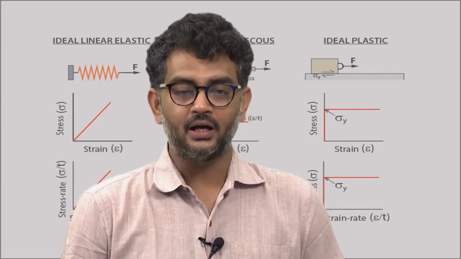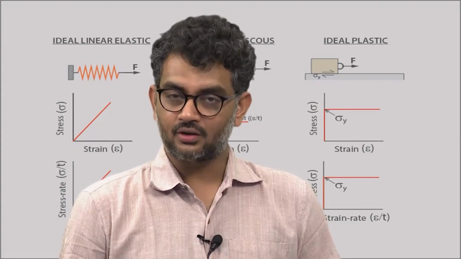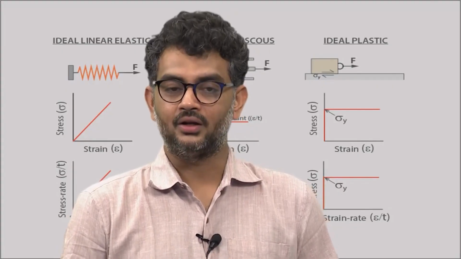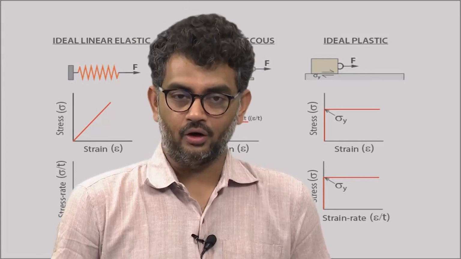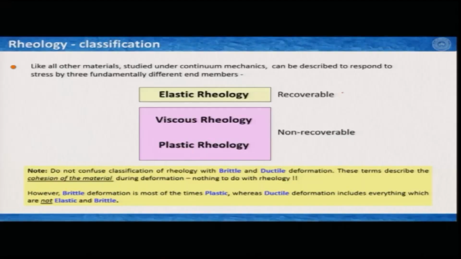With the course of time, we will see that when a material is deforming in an elastic manner, the strain or deformation is recoverable, and when it is deforming in a viscous or plastic manner, it is non-recoverable.